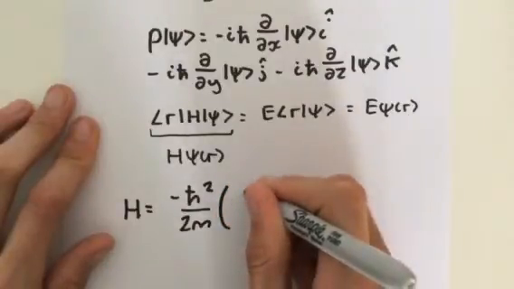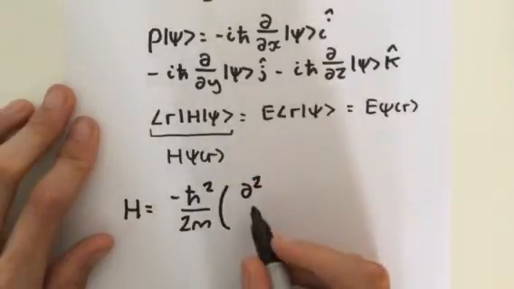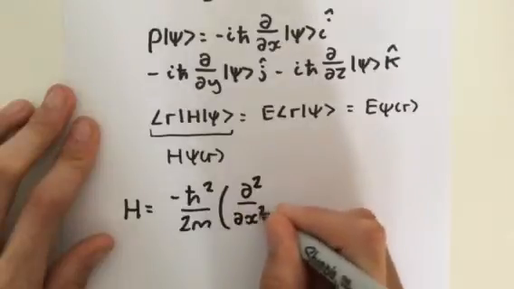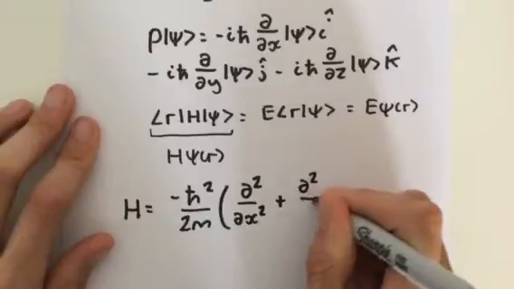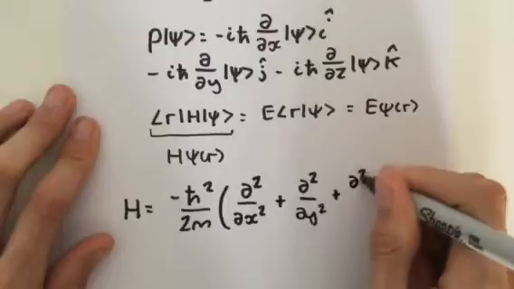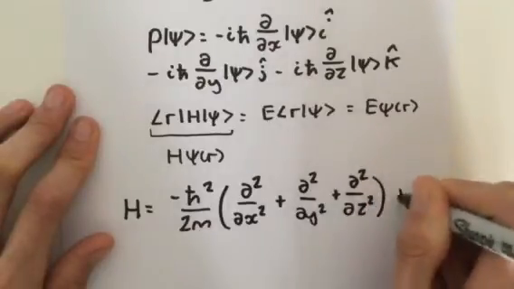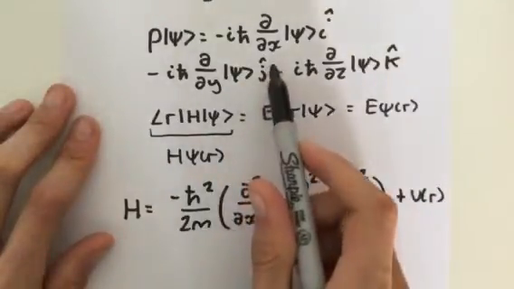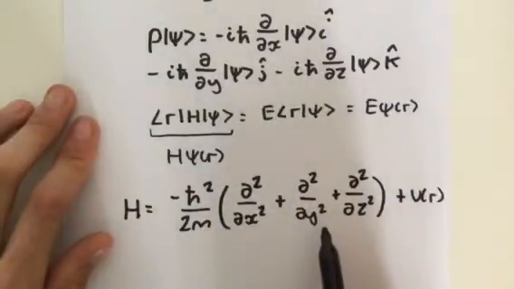We're going to square it, so it takes the second order derivative. We're not acting on a state vector at the moment. Plus d squared by dy squared, and then we add d squared by dz squared, and of course we add our potential energy. That's simply using the definition we have up here.